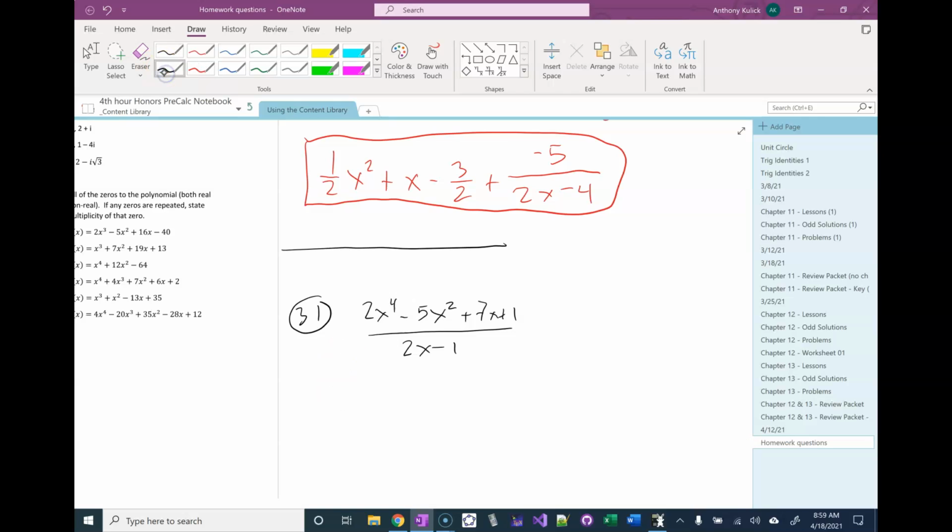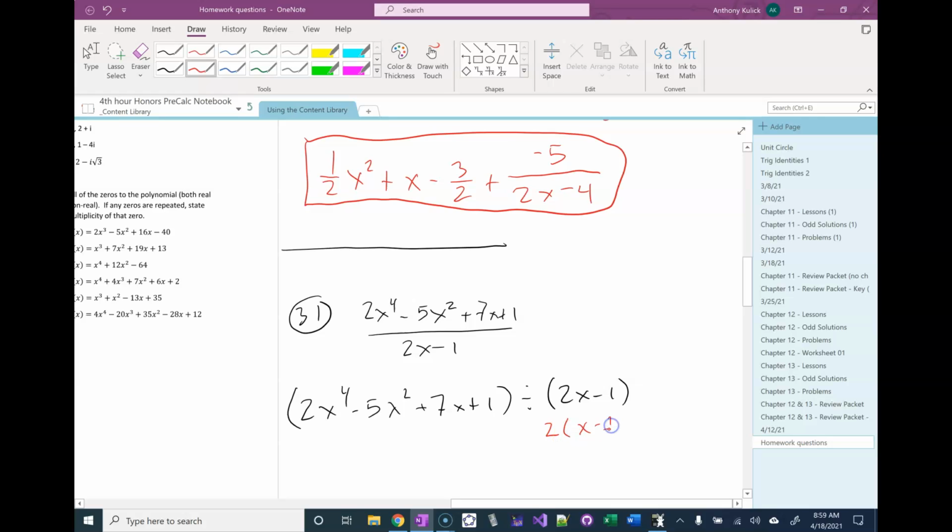So rather than just thinking about this in the normal way where we have the numerator and we're going to divide it by the denominator, what I'm going to do is factor a greatest common factor of 2 out of my denominator.